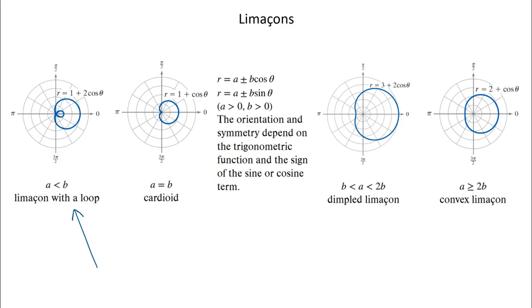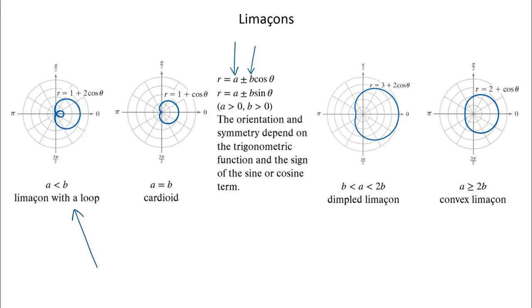We get a limaçon with a loop when a is less than b, or in other words, when our constant here is less than our coefficient there. I'll go into greater detail about exactly what to look for with these shapes in just a minute.